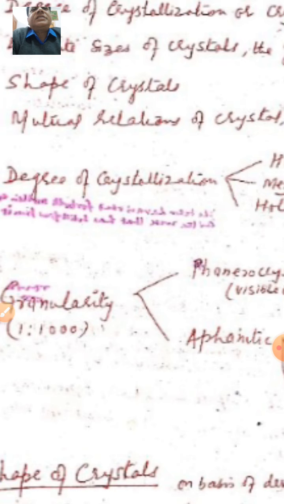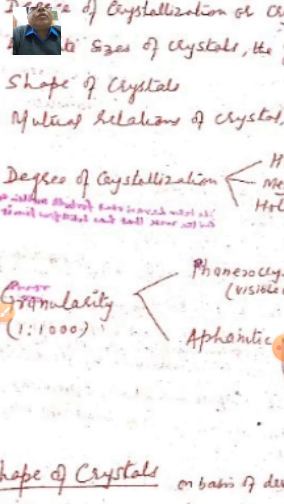The intermediate stage, called merocrystalline, hypocrystalline, or hemicrystalline, is used when the rock is partly crystalline and partly glassy. Now, on the basis of degree of crystallization, igneous rocks can be classified into three categories: holocrystalline, merocrystalline, and holohyaline.